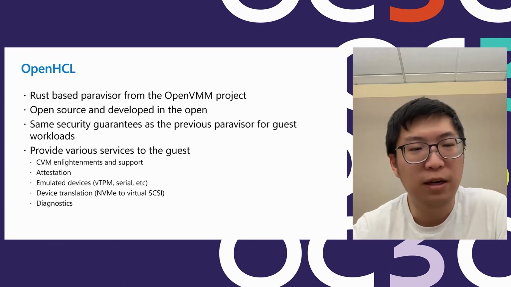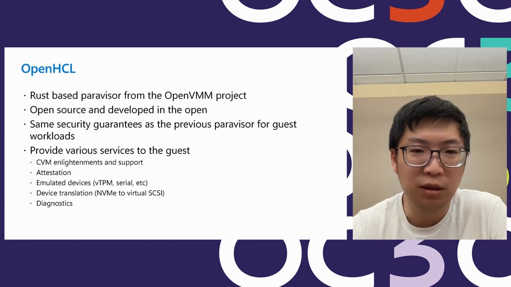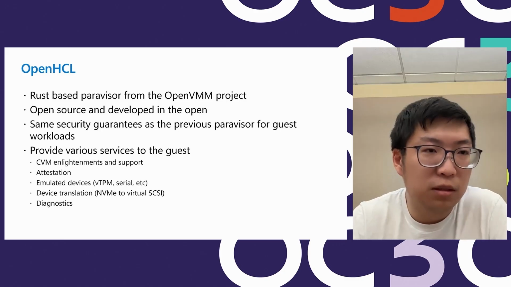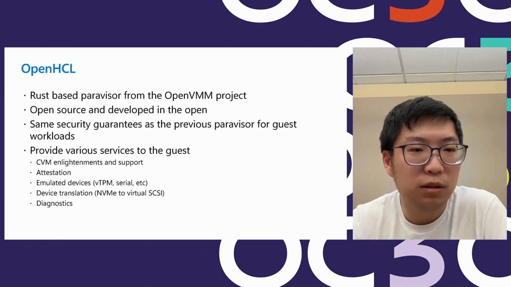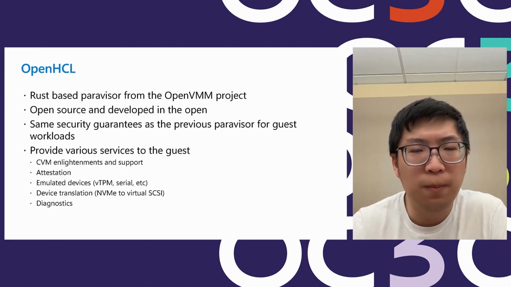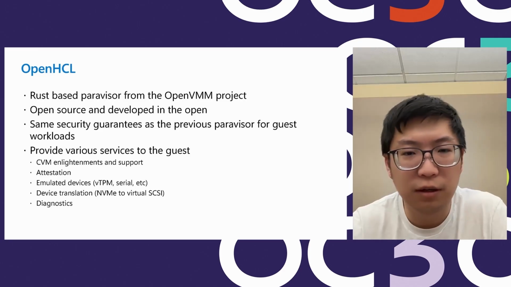Like provide enhanced diagnostics. We can do device translation. We can do way more. And additionally, we also write it in Rust. We think Rust is really important to the security of system software. And I'll talk more about our findings with Rust and how OpenHCL is different.